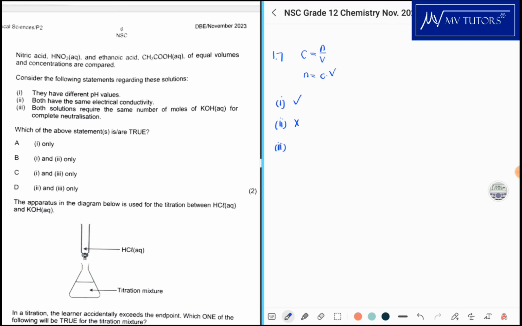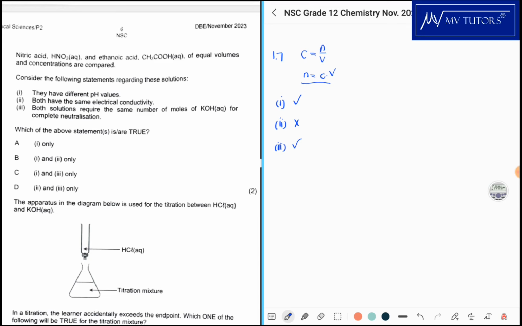And remember, they both have the same number of moles there, as we've shown here before. So I would say both solutions require the same number of moles for complete neutralization. The rate at which the neutralization will occur will definitely be different, but I would say number 3 is true. Conflicting one, but I would say it's true.